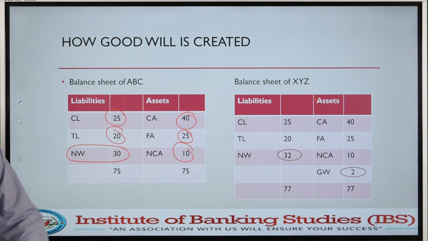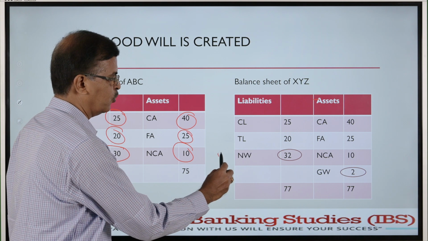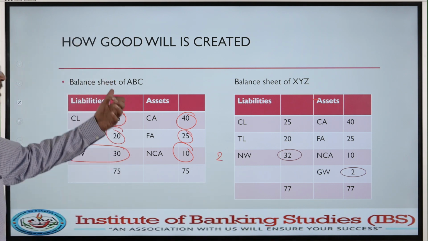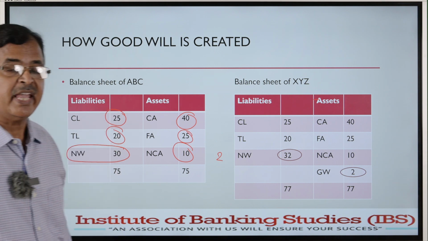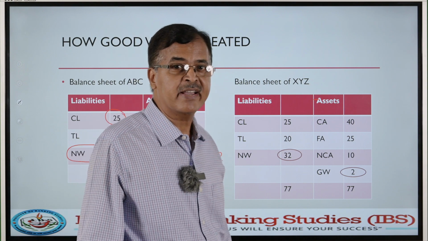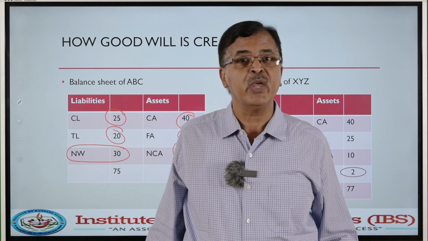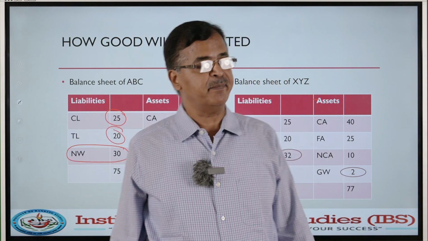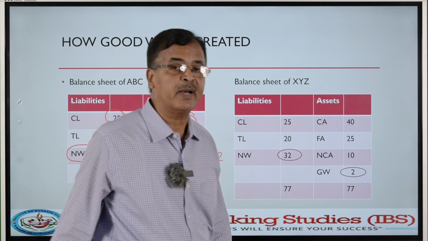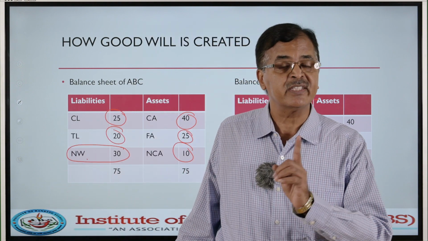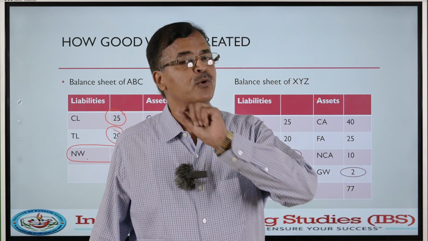But at the time of payment, XYZ company is compelled to give 2 rupees extra to ABC. Why? Because ABC has claimed that they have created a reputation in the market, and for that reputation they want 2 rupees extra. That means at the time of purchase, in addition to rupees 30 by way of the net worth of ABC company, XYZ company is compelled to pay 2 rupees extra.